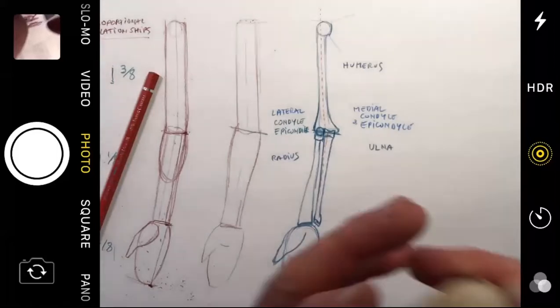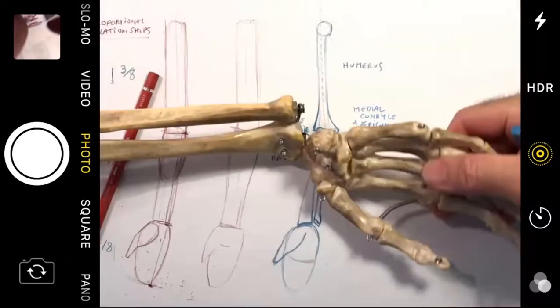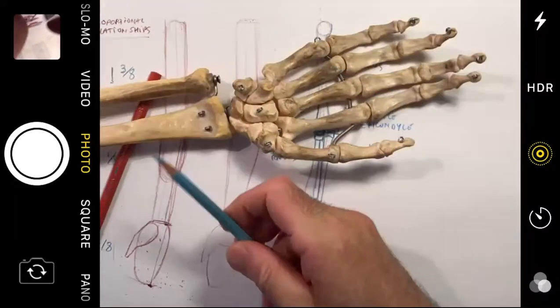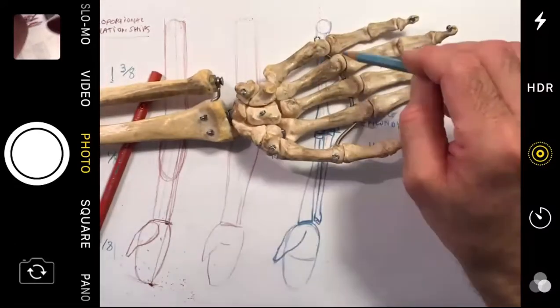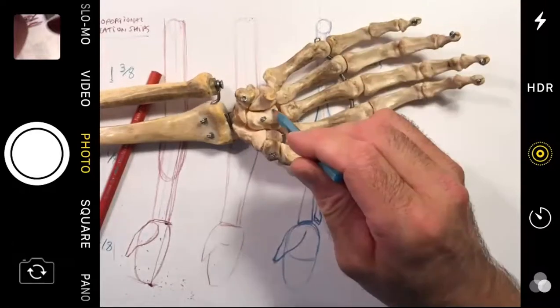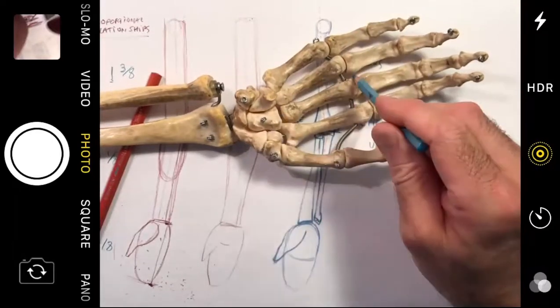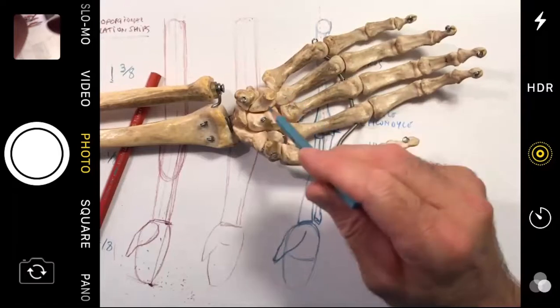In the palm of the hand, we have the carpal bones and the metacarpal bones, right? Carpus, metacarpus.